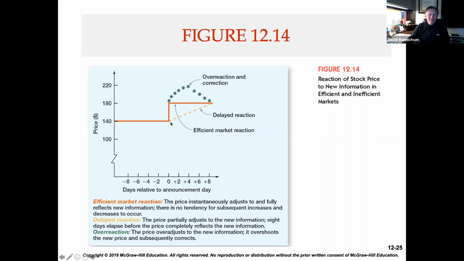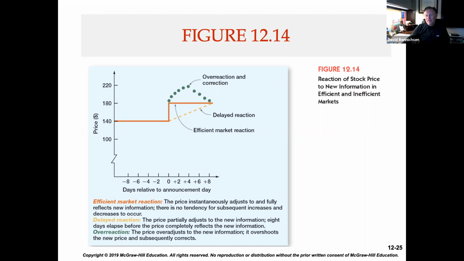Sometimes you can also get the other way, like a delayed reaction. Maybe even though they've got a vaccine, they're having a hard time manufacturing it to get it to market. So there's not an overreaction, there's a delayed reaction. People are like, oh, that's kind of cool, but we're going to wait a little bit to see how quickly you can actually get this into production and how many people are actually going to be able to get vaccinated or want to get vaccinated.